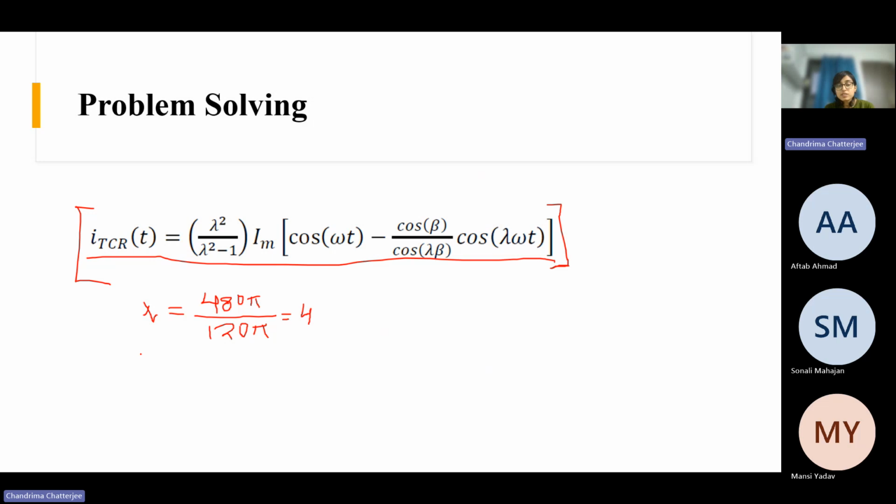And Im value we need to find out. What is Im? Im is the peak value of the current. If you remember, we found out the rated current. The RMS value was some 1029 ampere. So for the peak value, we need to multiply with root 2.